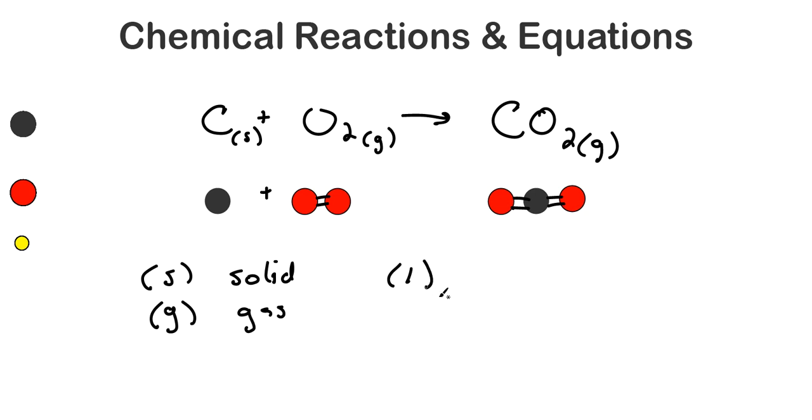There's other ones, L, which is a liquid, means a liquid composed only of itself, because there's another one that's a little different. AQ stands for aqueous. Aqueous means dissolved in water, so a lot of the chemistry we'll do will actually be dissolved in water. If we use water all by itself, just H2O, it's liquid, but if something's dissolved in water, then it's aqueous. So solid, gas, liquid, and aqueous.